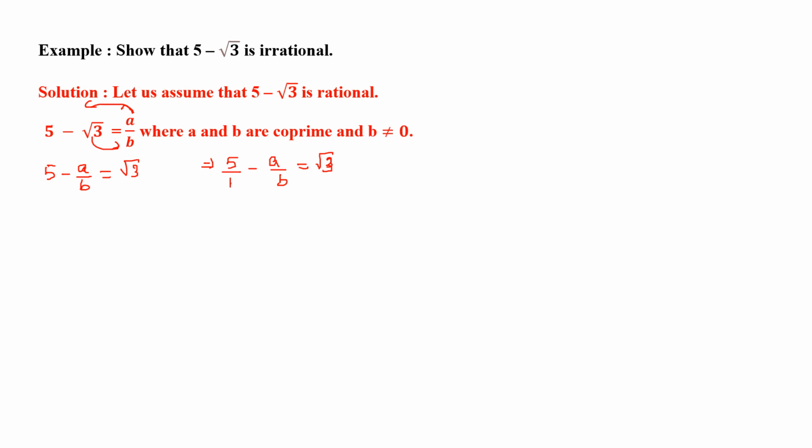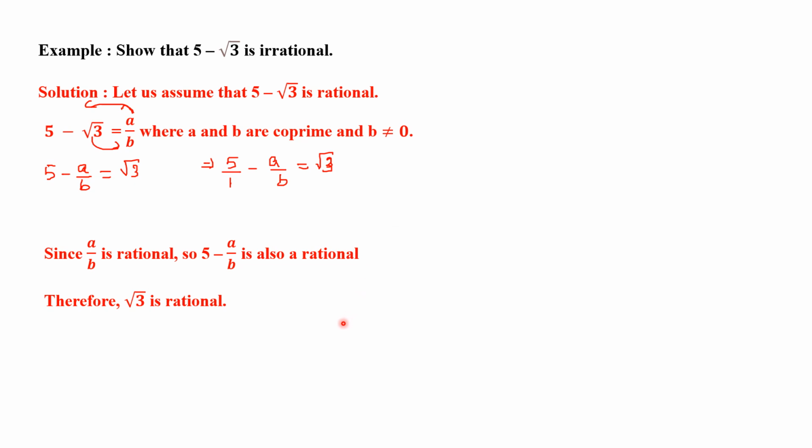The difference of two rational numbers is always a rational number. So I can say that since A by B is rational, 5 minus A by B is also rational. And 5 minus A by B is equal to root 3, isn't it? Here I have got root 3 equal to 5 minus A by B. So if this complete expression is a rational number, I can say that root 3 is also a rational number, isn't it?